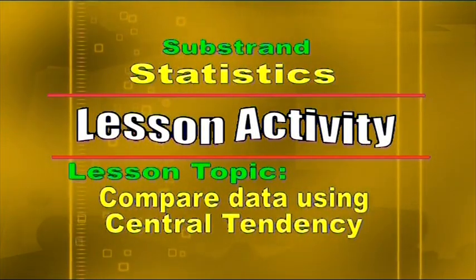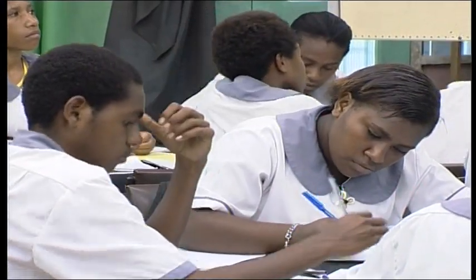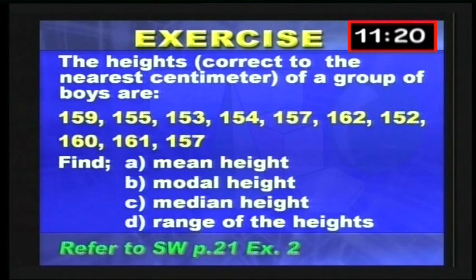All right, now we're going to move on to our exercise, receiving students. Our exercise is up on the screen. The exercise reads, the heights of a group of boys are. These are the heights.